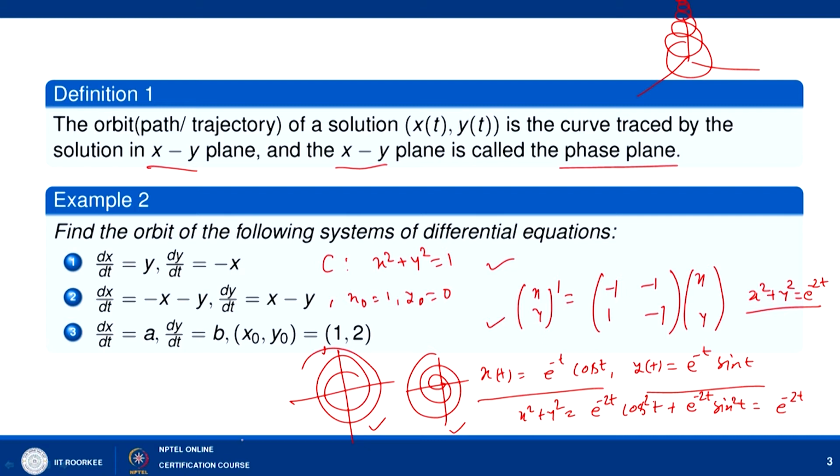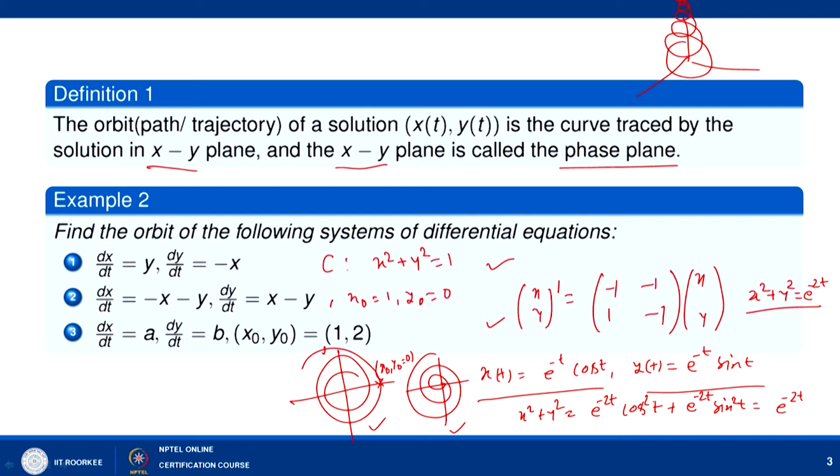So, what will the direction be? Just take one point here, where x₀ is something and y₀ is simply 0, so the point is (x₀, y₀).